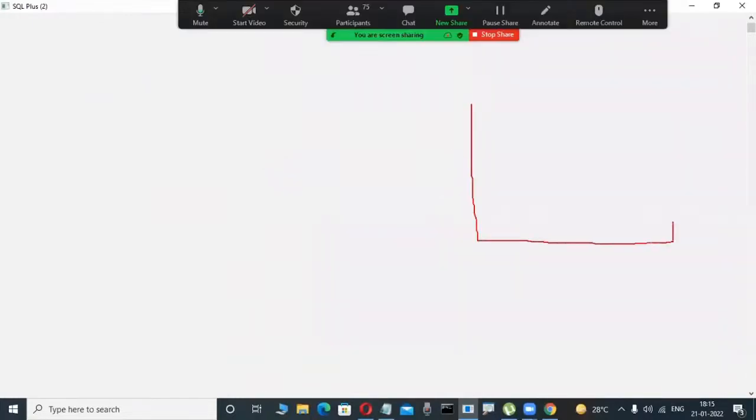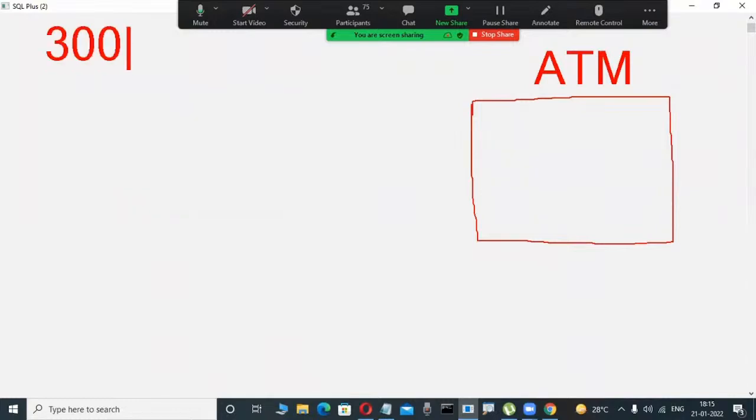This is an ATM machine, for example. I am telling one scenario. Now, what is my balance in my account? 3,000 is the balance. Today I have decided to withdraw some amount, for example. Suppose I am going to the bank. This small scenario is easily understandable, even by a non-technical person.